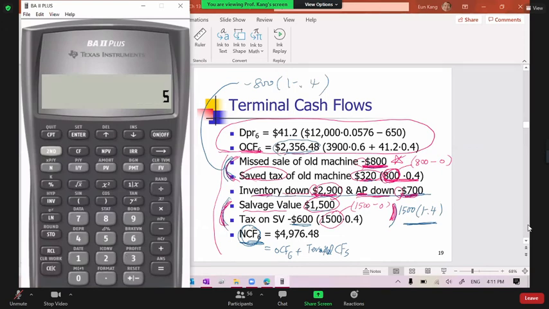1500 times after-tax 0.6, 900, right? 900 is easy. But just in case, store that at 2.